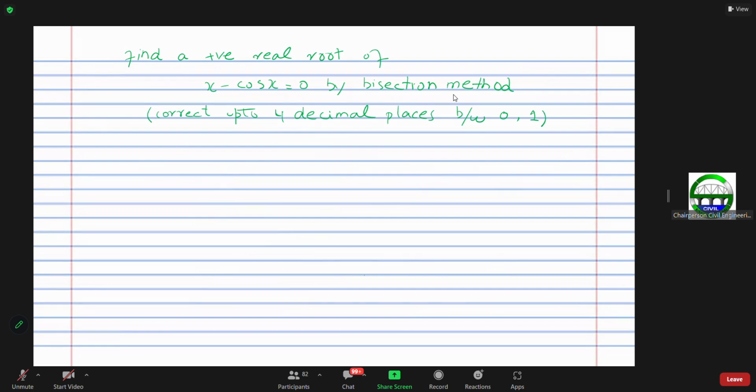Okay, so let's try to solve it. Let's try f of 0.5 first. What is the f of 0.5? It will be 0.5 minus cos of 0.5.